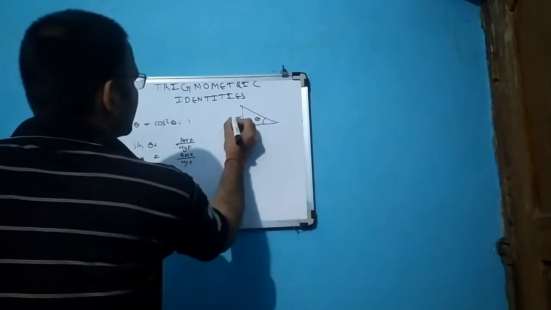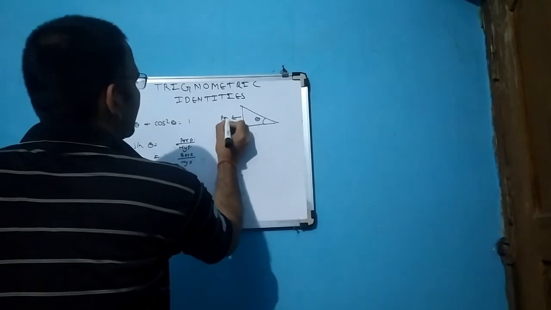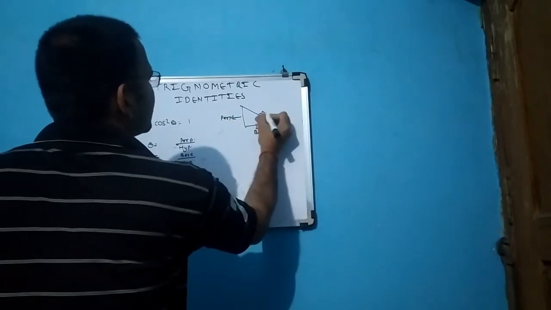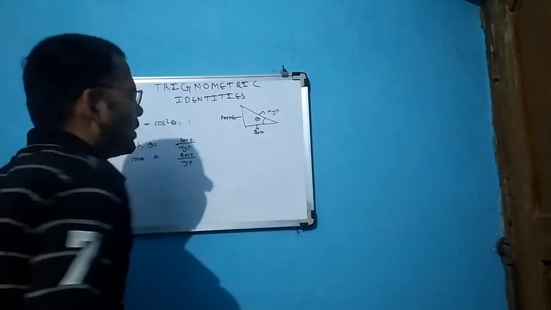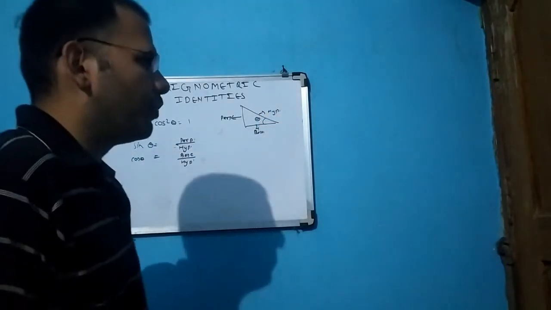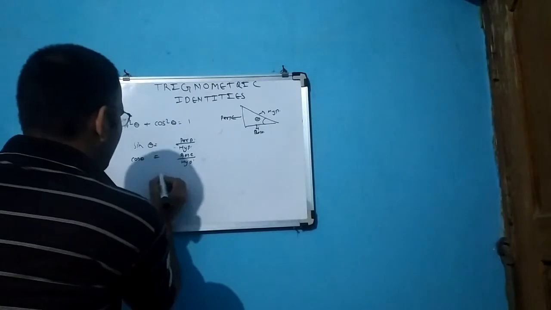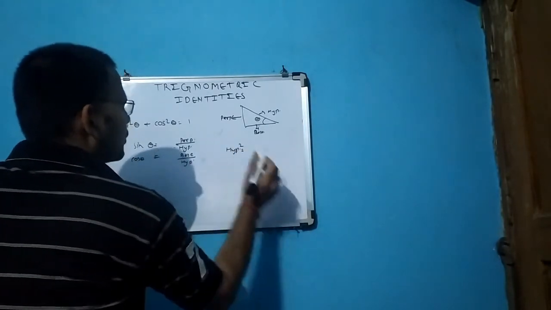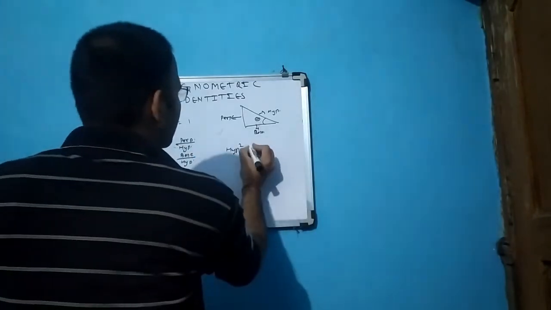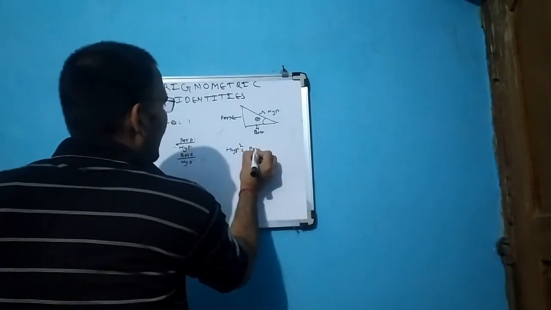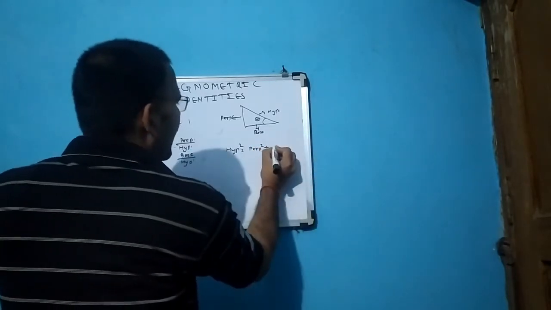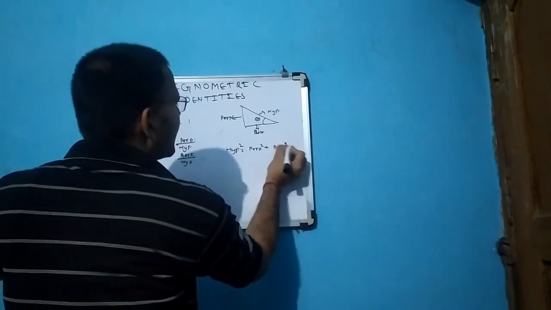So this is the perpendicular, this is the base and this is the hypotenuse. Now from the Pythagoras theorem we know that the square of the hypotenuse of any right triangle is equal to the square of the perpendicular plus the square of the base of that right triangle.